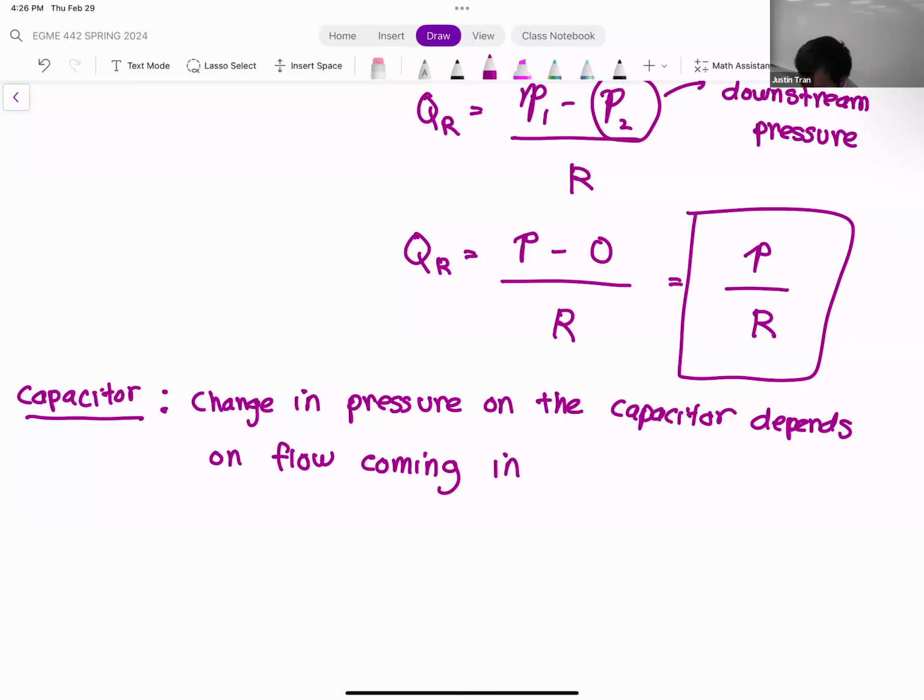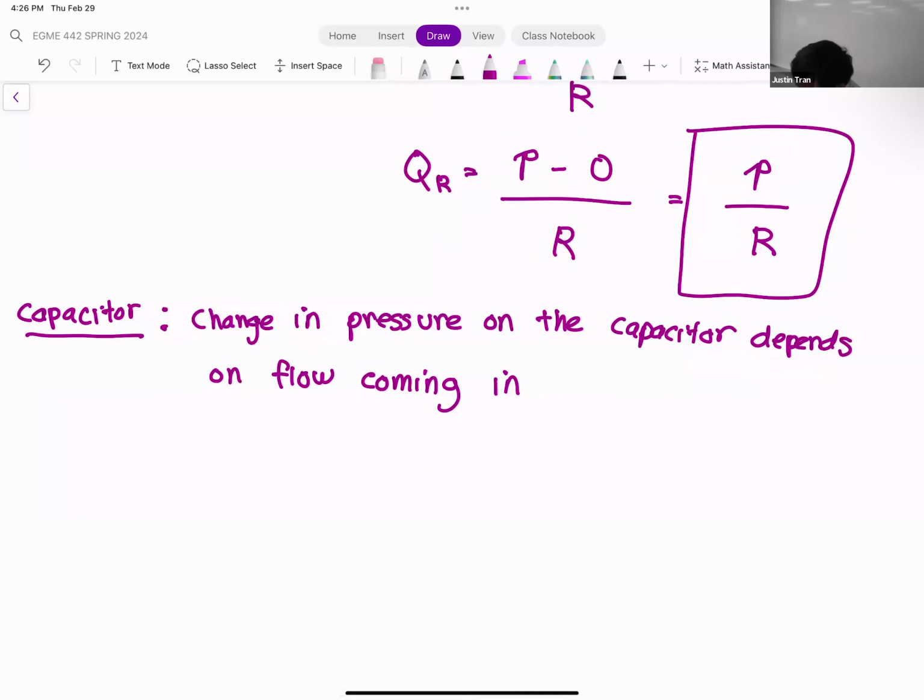Okay. In mathematical terms, that statement here is derived as dP/dt, right? So dP/dt there represents the change in pressure on the capacitor. This is equal to QC divided by the capacitance C. Okay.